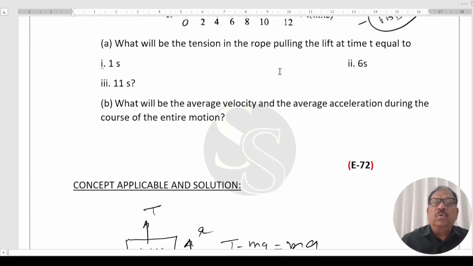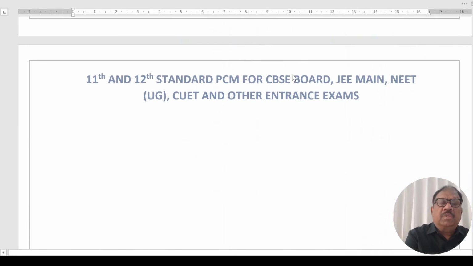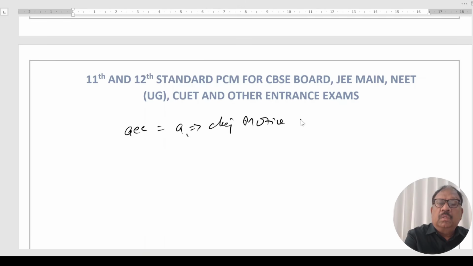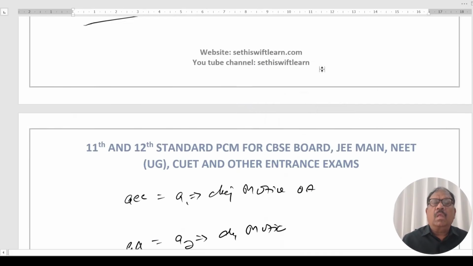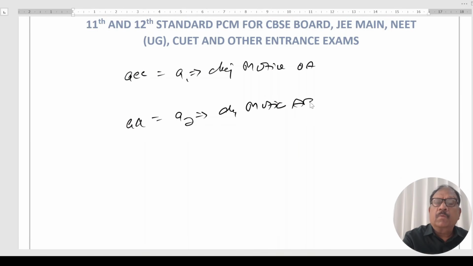So acceleration A1 during motion OA, then acceleration A2 during motion AB, and acceleration A3 during motion BC.